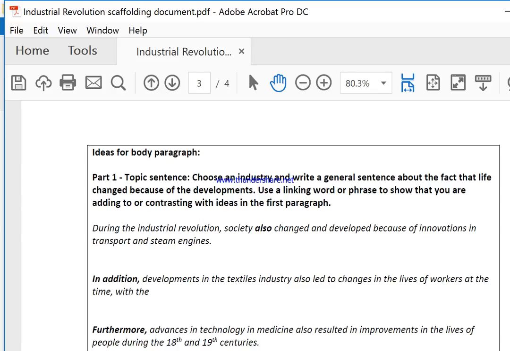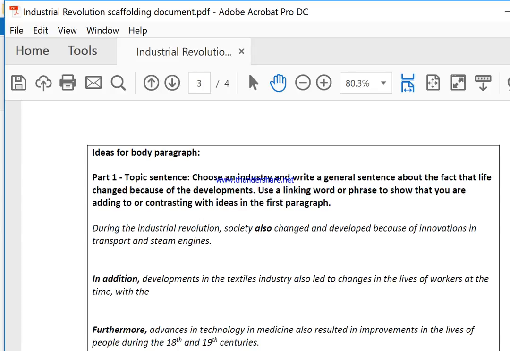Remember that the first way of doing body paragraphs that we talked about was starting with an industry like transport, medicine, technology, science, factories like cotton factories, and agriculture. We pick an industry, focus on the innovations in that industry, and then focus on the effect or the changes caused by the industry to people's lives.